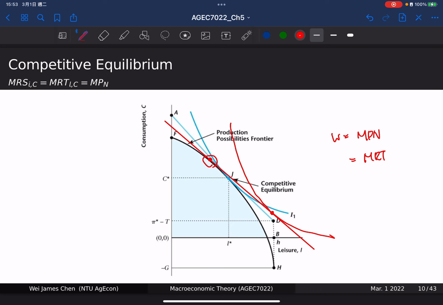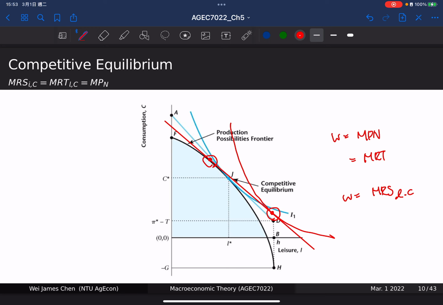So MPN is the relationship between labor and the wage, and MRT is the relationship between L and consumption. But they are the same thing. Okay. So in this graph, they are the same thing. And then this point is where wage equals the MRS of L and C. Remember, as a consumer, you also need the wage rate to equal your own preference between leisure and consumption, so that's how I maximize my utility, right?